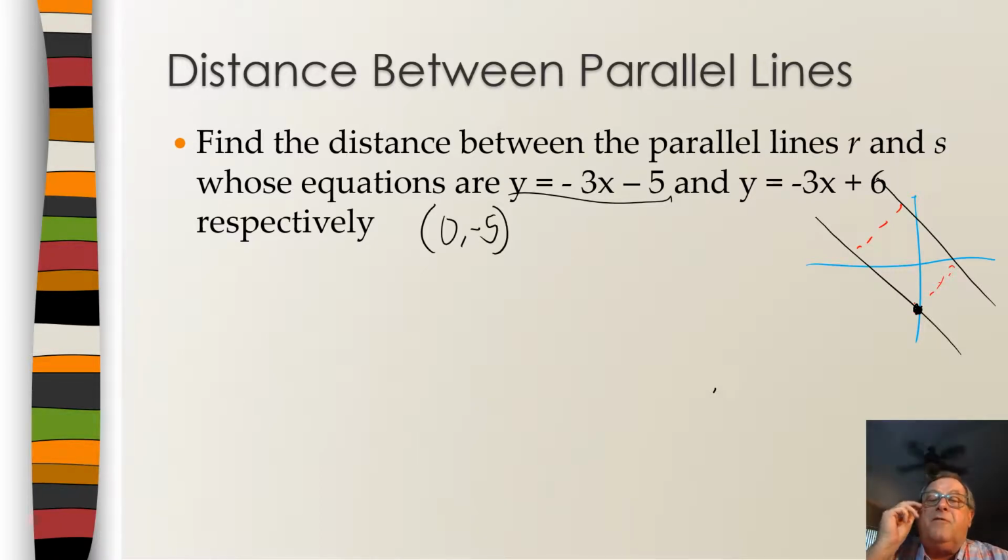All right, and if my slope is the negative reciprocal of negative 3, then my slope is 1/3. So let's put this through point-slope and get an equation for this line that is perpendicular to both of these parallel lines.